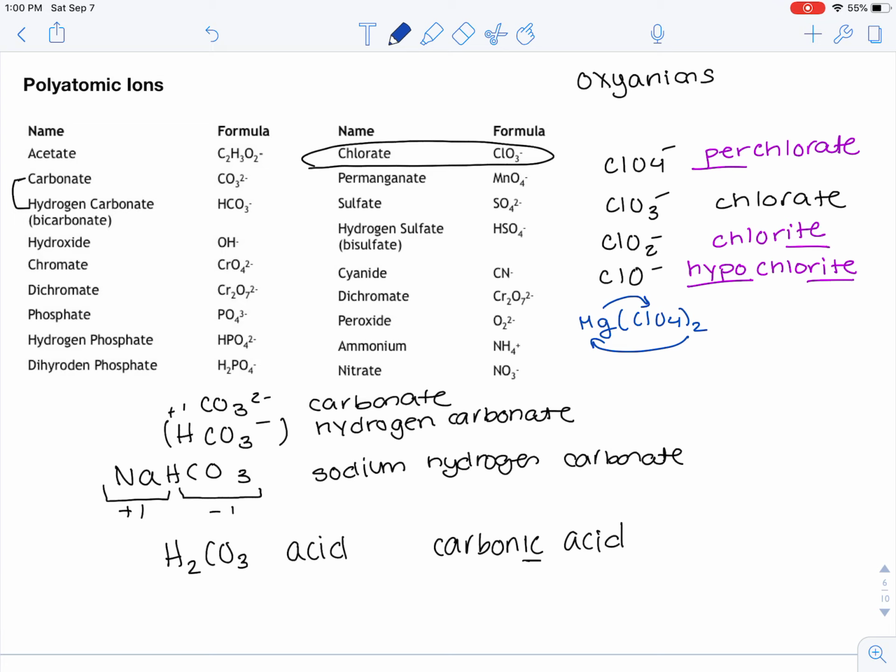You remember that ClO4 is not your base, so you must have added an oxygen, so this would become magnesium perchlorate. So it's important to know how these oxyanions and polyatomic ions change, whether a hydrogen is being added or you're losing or gaining oxygens, the name changes to indicate exactly what you have.